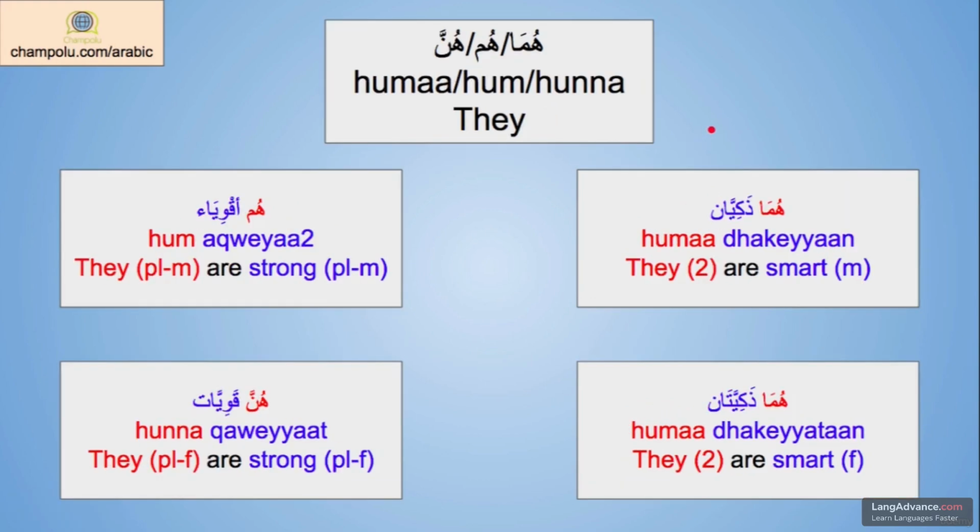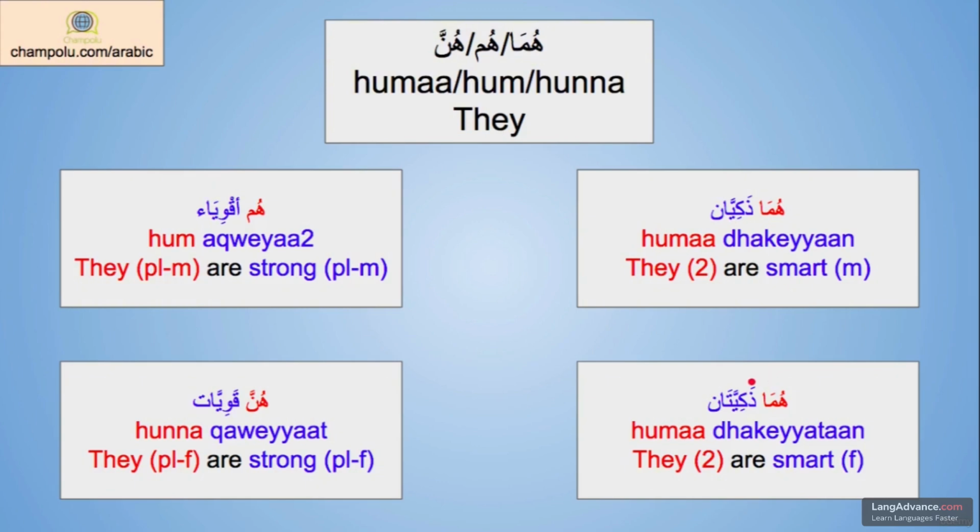And now when we're talking about third person plural or dual, you can find the word هما for dual and هم and هن for plural. So when we want to say about two male people that they are smart, you say هما ذكيان. And for two female people, it is هما ذكيتان.